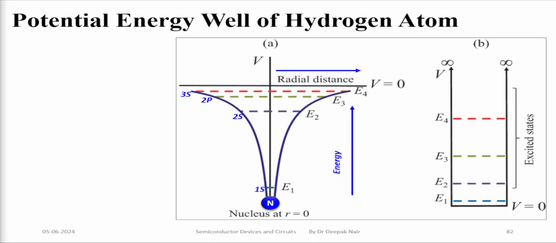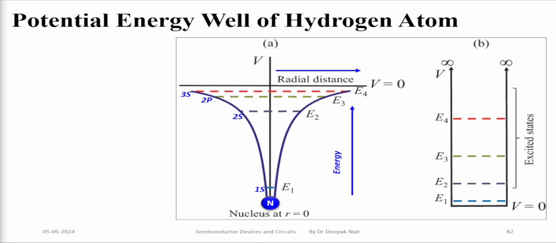That is also explained in this diagram. Here you can see E1, E2, E3, E4 and so on. You can reach up to infinity. The more you go upward or towards the outer orbit, the more energy is associated with the electrons.